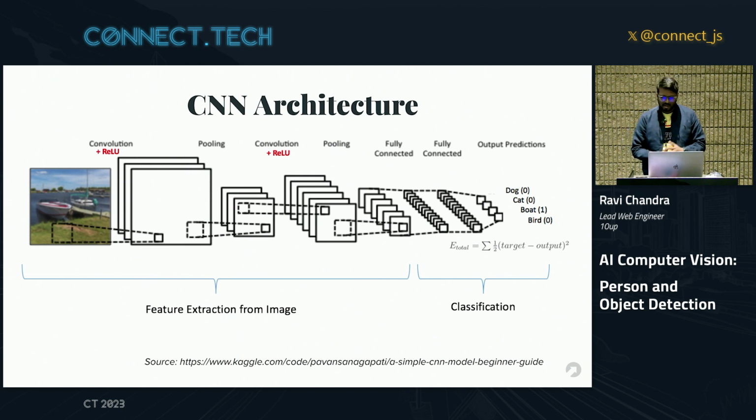It depends on how we set up the model. And at the end, we have the fully connected layers, which take the image which only has the features, look at that and make a classification. In this example, it would try and see what the objects in this image are. Is it a dog? Is it a cat? Is it a boat? And so on.